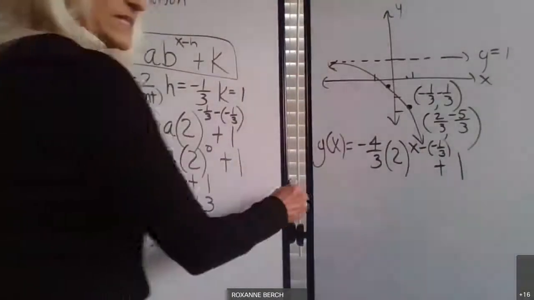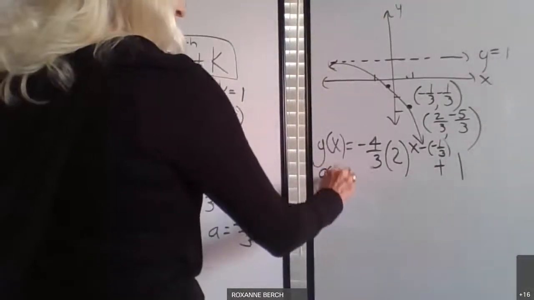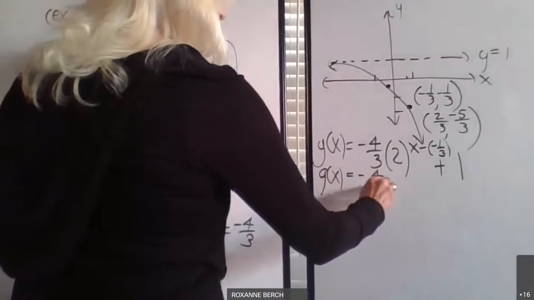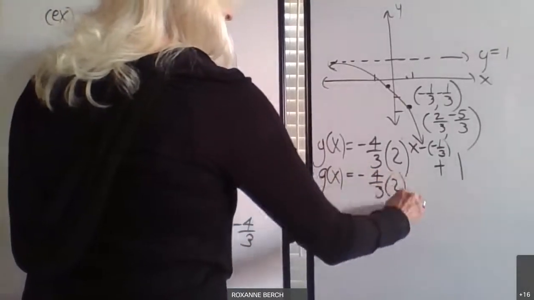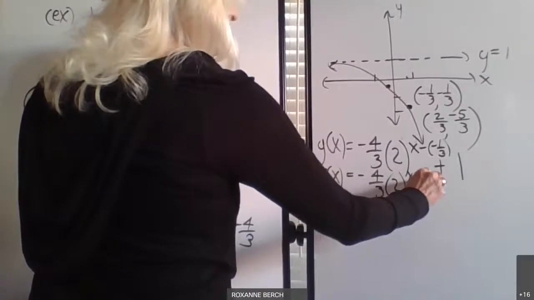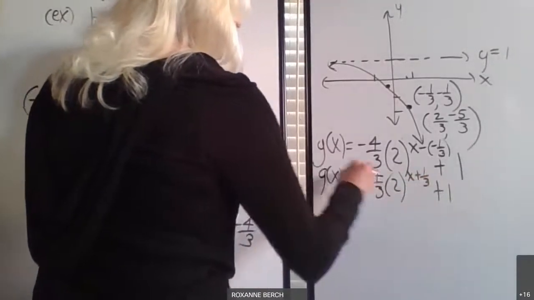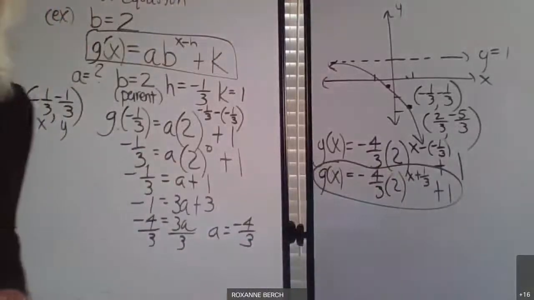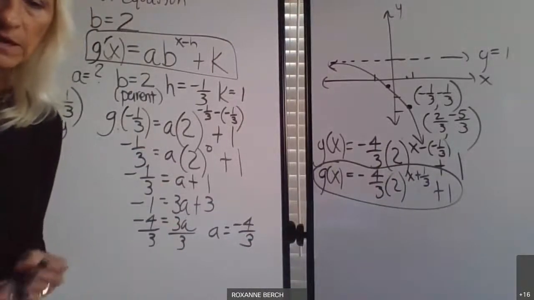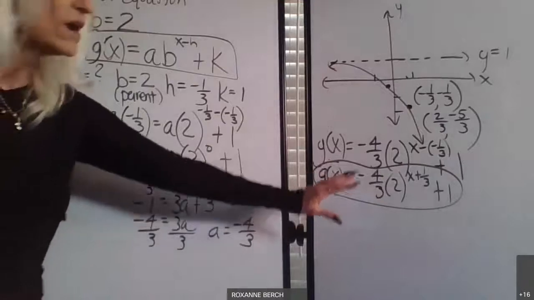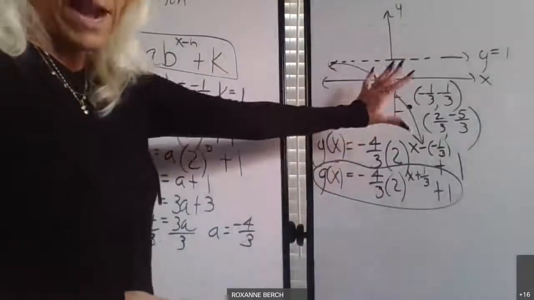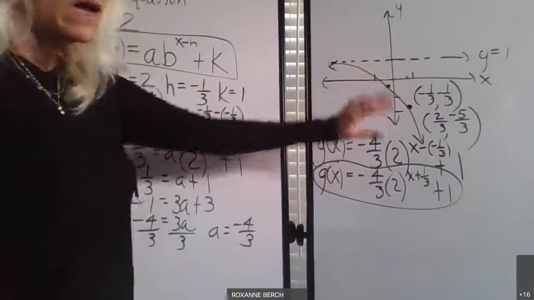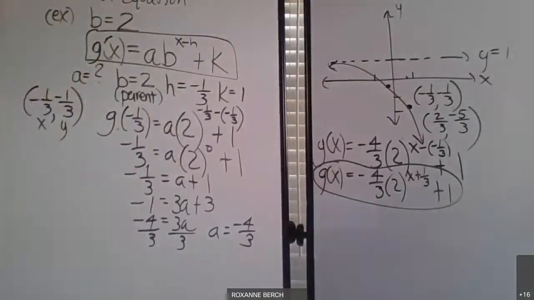So my final answer is g of x is equal to -4/3 times 2 to the x plus 1/3, plus 1. Now, if you wanted to check this, you could put this on the calculator and define the window the way I defined it. Or let me show you another way to check it.